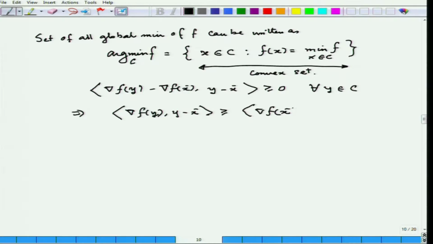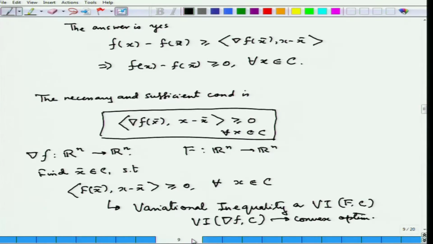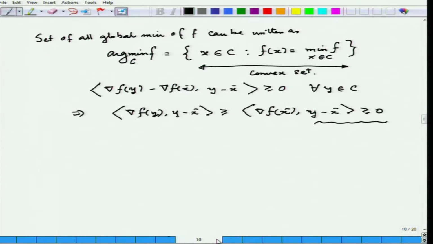Now, by the necessary and sufficient optimality condition, I know that grad of f at x bar into y minus x bar is greater than or equal to 0. This is exactly what we have just studied. So, this would imply that grad of f at y into y minus x bar is greater than or equal to 0.